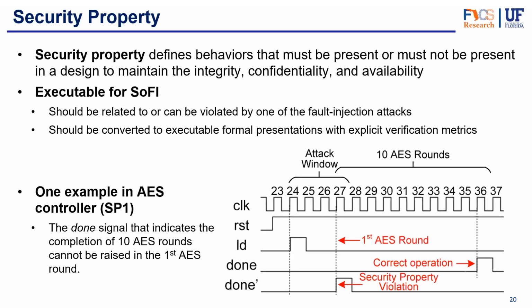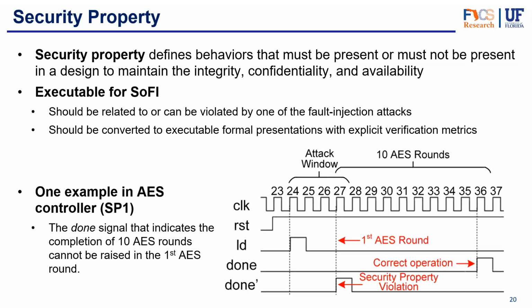We will create a set of these security assertions, but our framework assumes that this set of properties will be given by the designer to the SOFI framework. These properties should be in an executable format, and at the same time should be able to be violated by fault injection attacks.